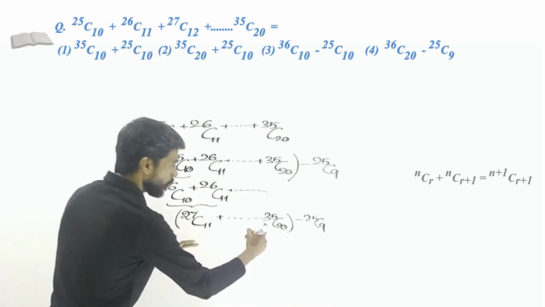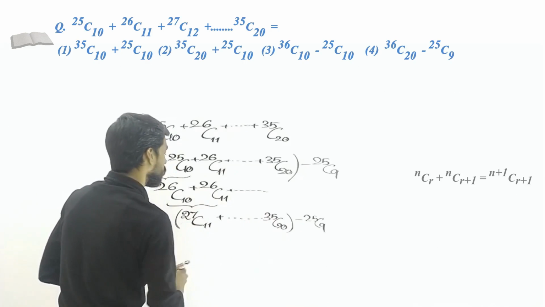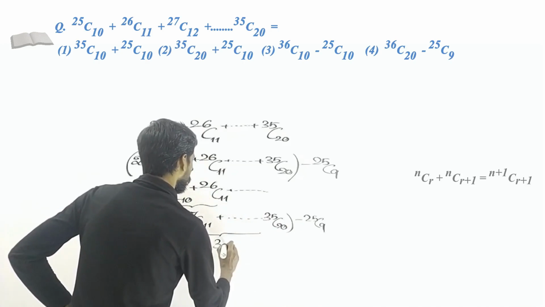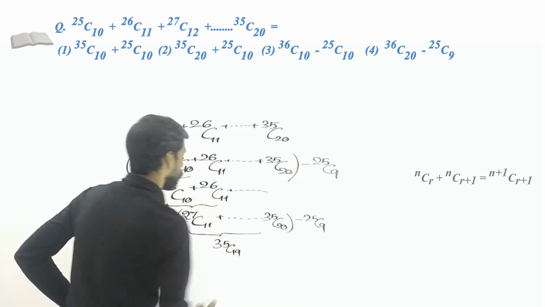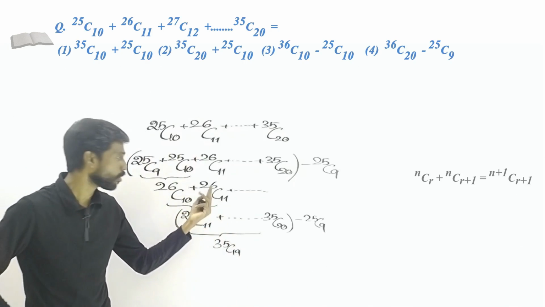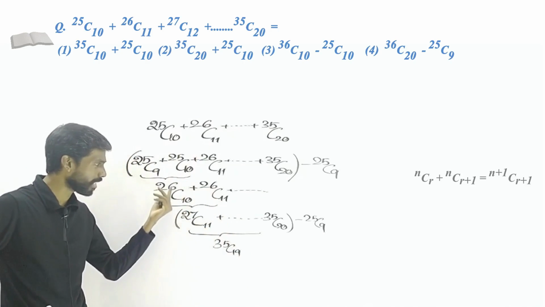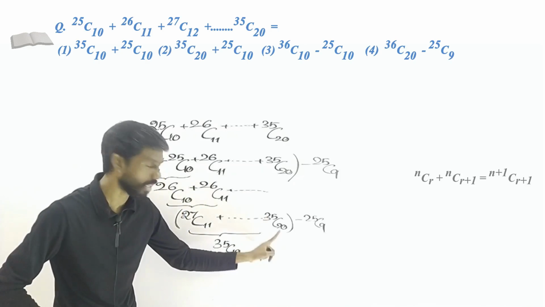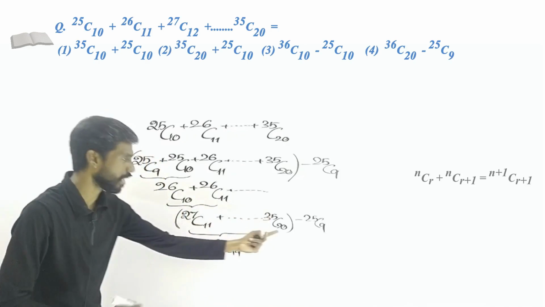Finally we will get, if you add the term just before this 35C20, that will become 35C19. Okay, so because this is 28, see the previous term is 26C11, so then the previous term is 26C10. So same term, but this is 1 less than that. So here also we'll get the same thing, 35C20. So 1 less than that, that means 19.